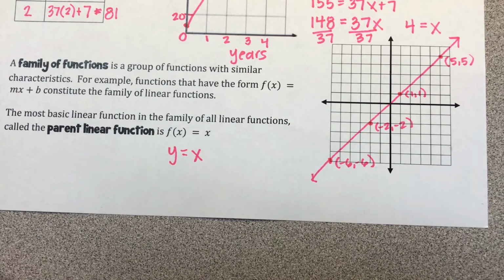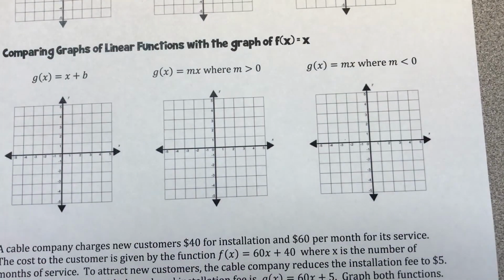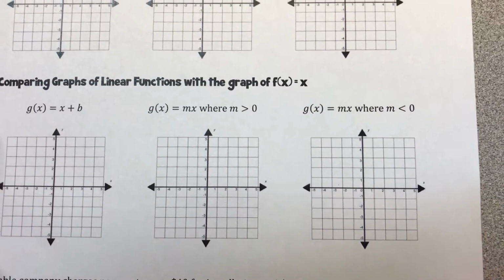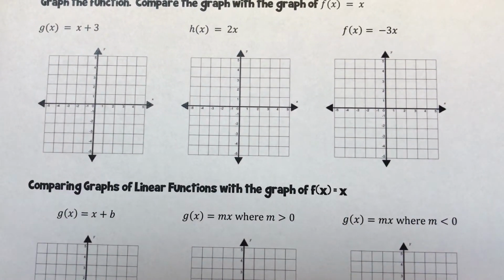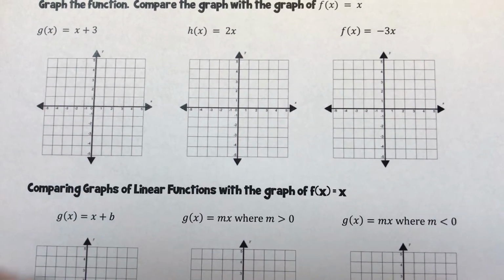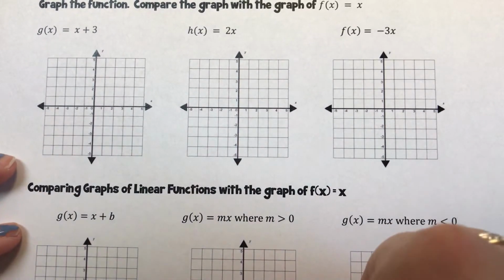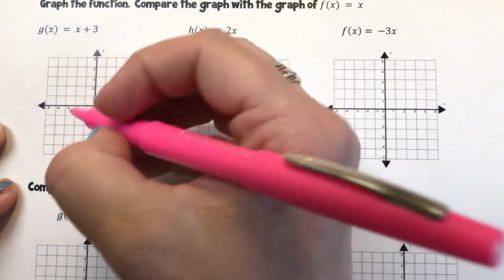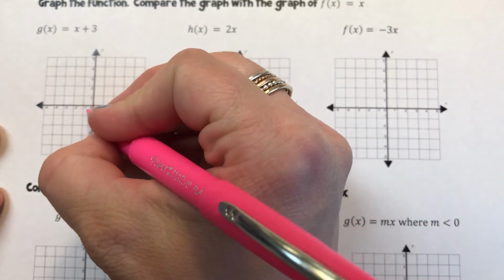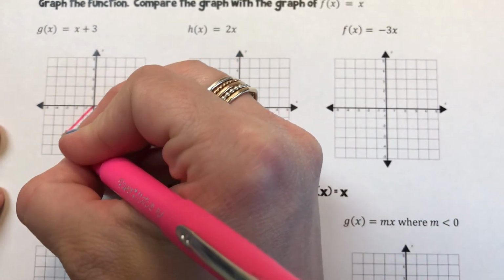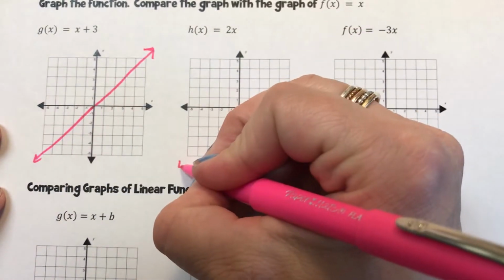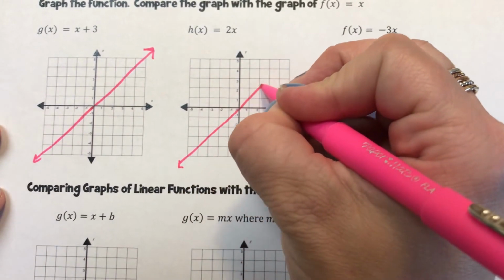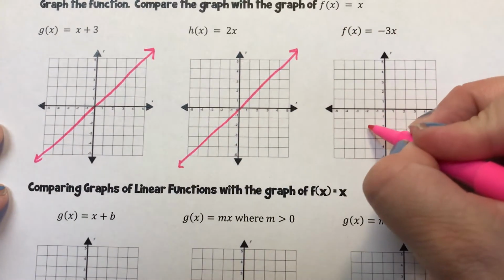So now what we're going to do is, on the back, we're going to graph the function and then compare it with the graph of f of x equals x. Okay, so first thing I'm going to do is I'm going to go ahead and graph our parent function on all of these, right? So we start here.